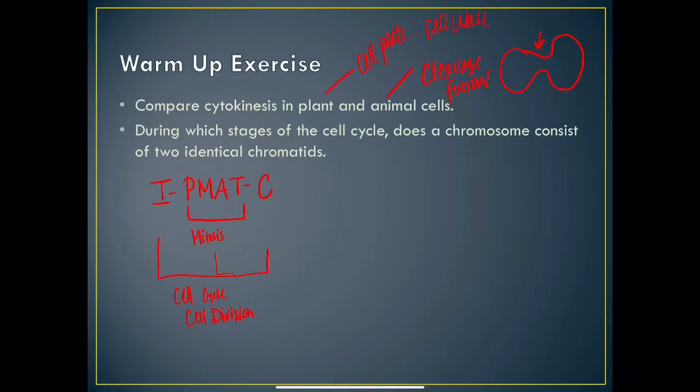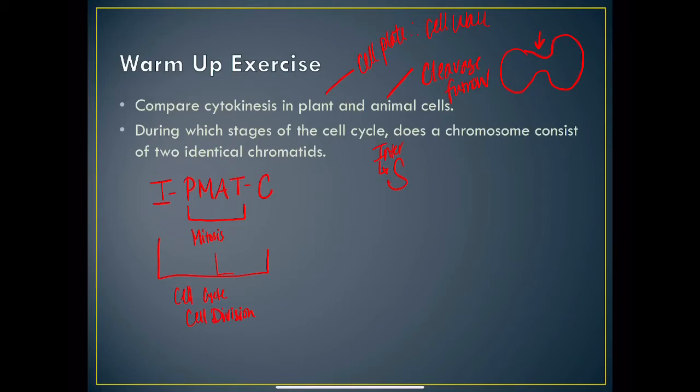So that starts in S phase, okay, which is in interphase. Specifically S phase. That's when the DNA is synthesized. And then the chromatids don't exist anymore once each cell has its own chromosome. Okay, so after they split, then they're no longer chromatids, they're considered chromosomes.